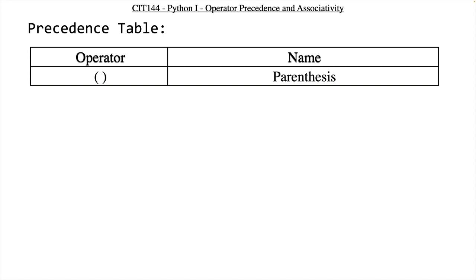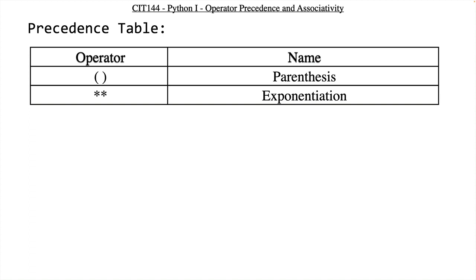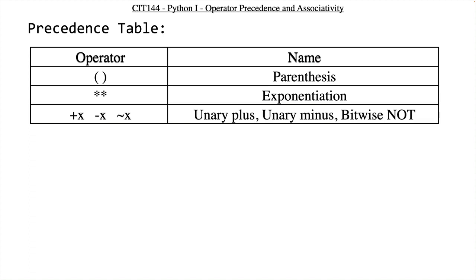If it's going to be evaluated in an order other than what you would like, put parentheses in the statement to get it the way you would like it. The next is exponentiation. Within parentheses, those statements are evaluated, and then if there's any exponentiation in the entire statement, that will happen next.